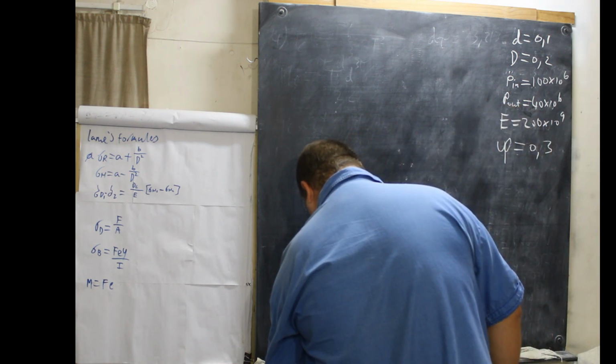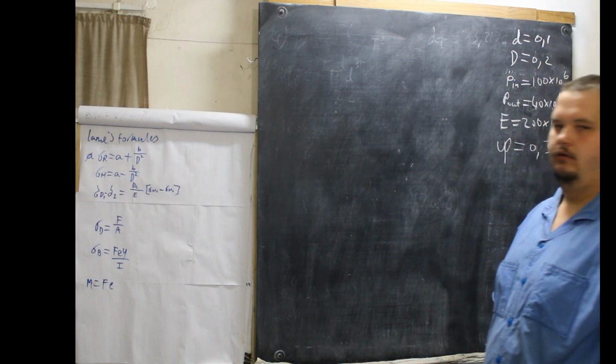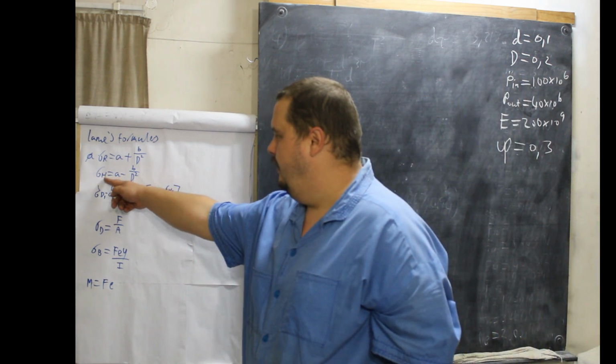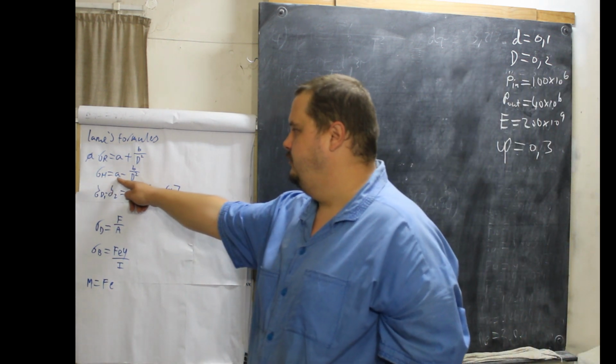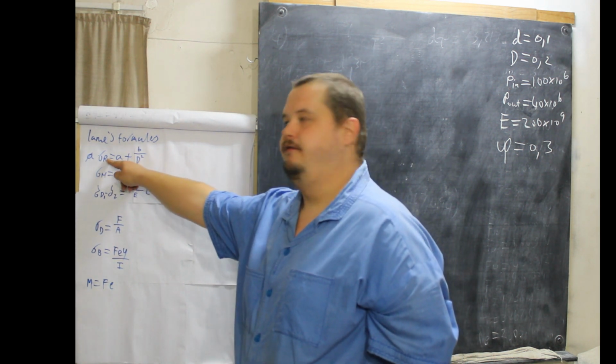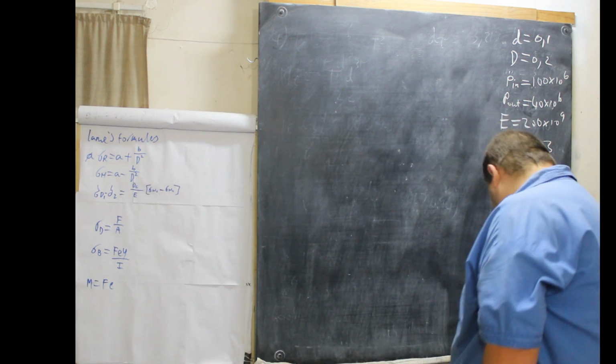Calculate the resultant hoop stress at both diameters. So, what we're going to do is use this formula over here. We want to get to a stage where we can use this formula. We're going to use this one first, then we're going to use this formula. I'll show you how we do it.